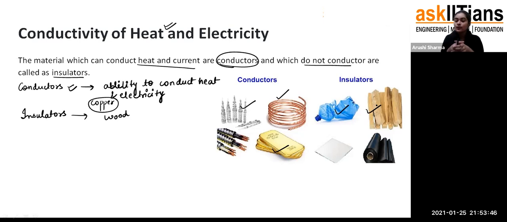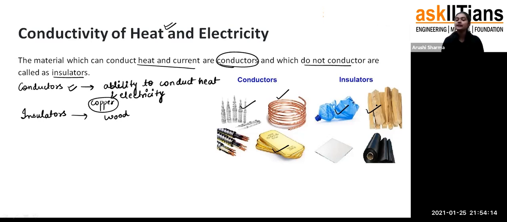If we try to hold it and the handle is also metal, the heat will pass through it, we can't touch it, or our hand can get severely burned. That's why that part is covered with plastic or wood, because they do not allow the heat to pass through, and we can easily touch that part.